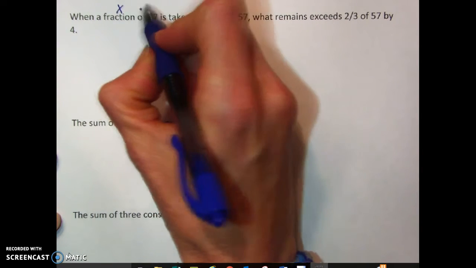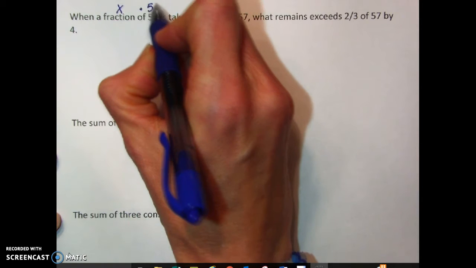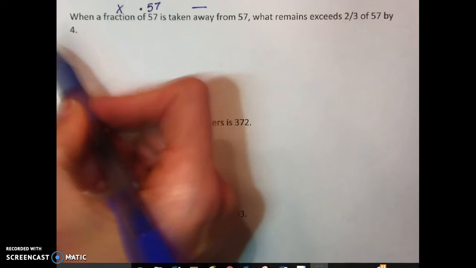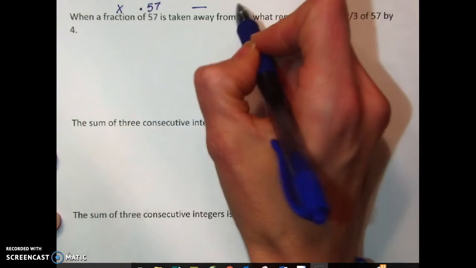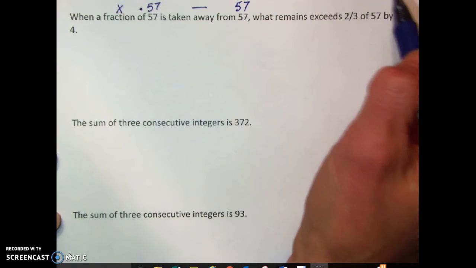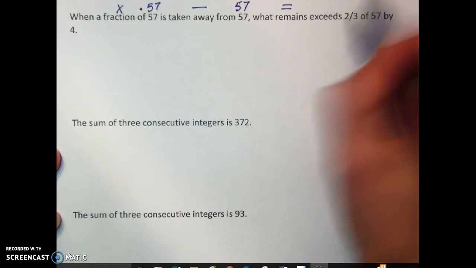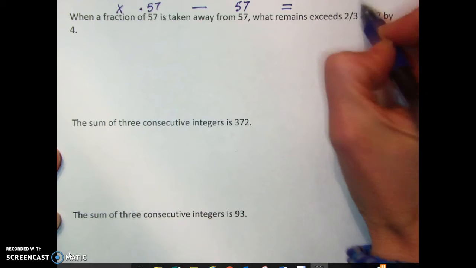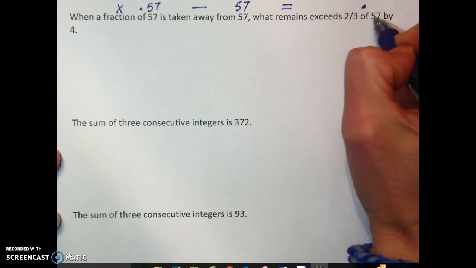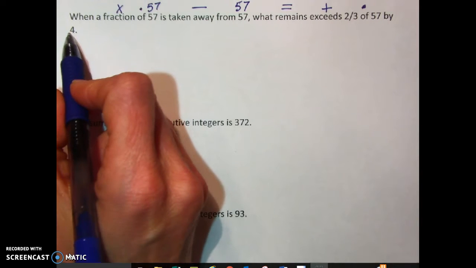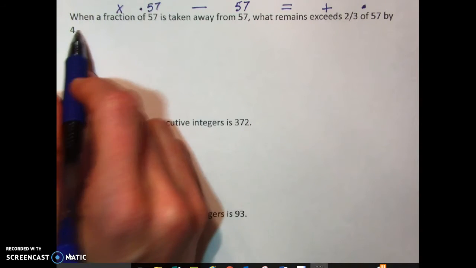So x times 57 is taken away from, that's subtracted, but it's subtracted away from, so we'll have to watch the order here, taken away from 57. What remains, that's our equal sign, exceeds 2/3 of 57, this is multiplied, exceeds means we have to add 4. It exceeds by 4, so we have to add 4.